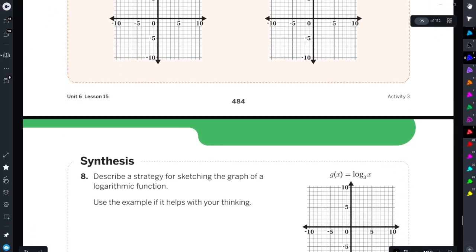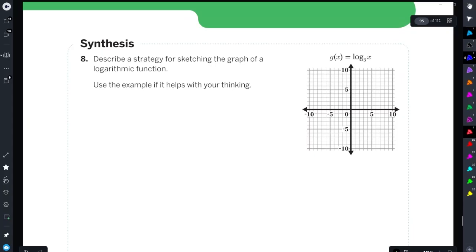All right, so let's go to the next page, and instead of graphing log base 3 of x, what I want to graph instead is 2 log base 3 of x plus 1, because we haven't done anything yet today with a 2 or a different number in front of the log.